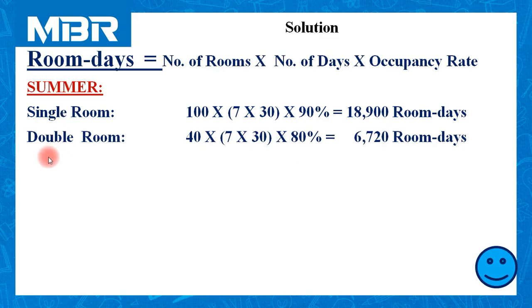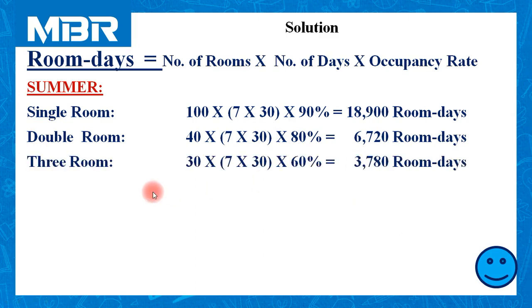During summer, for a double room, occupancy rate is 80%. The period remains the same, 7 months of 30 days each, and the number of rooms is given in the question as 40. So the number of room days during summer for a double room is 6,720.